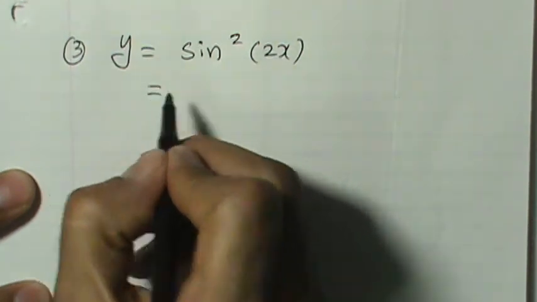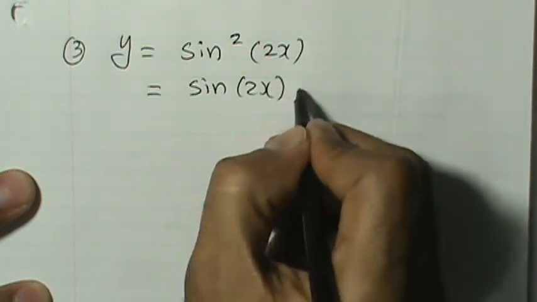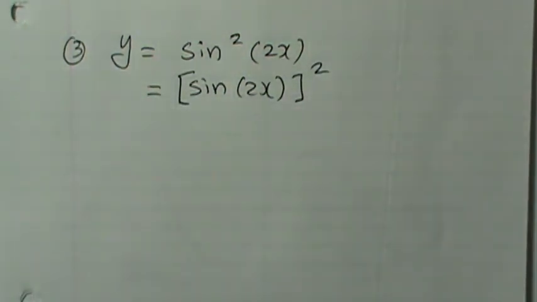I can rewrite this as sine theta, all to the power of 2, because I want you to recognize this is a chain rule type of derivative. So in order to apply the chain rule to find an expression for the slope of a tangent, we go from outside to inside, starting from the power and then the derivative inside the bracket.